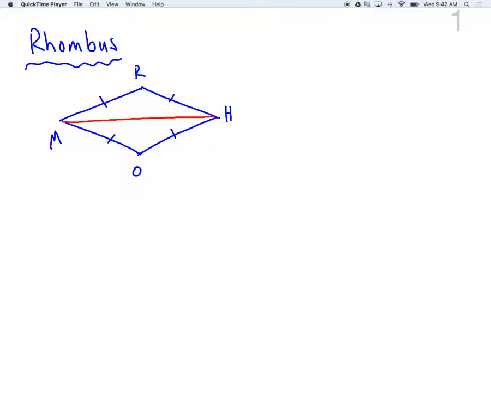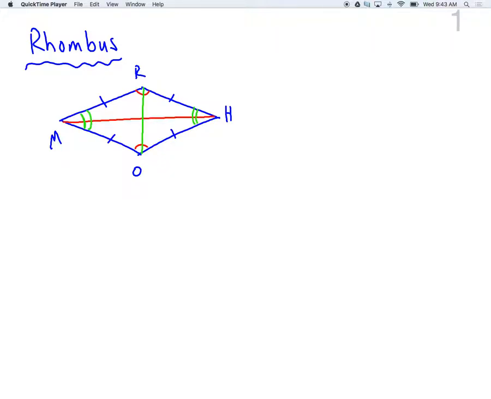Okay, so now we have that angle R is congruent to angle O. All right, let's change colors here. What if we ignore the red for a second and put in just the green guy? Same scenario, so that would get us that angle H is congruent to angle M.